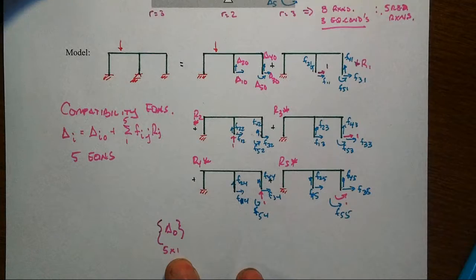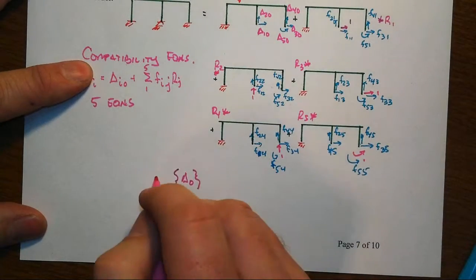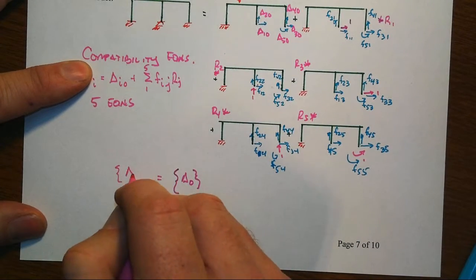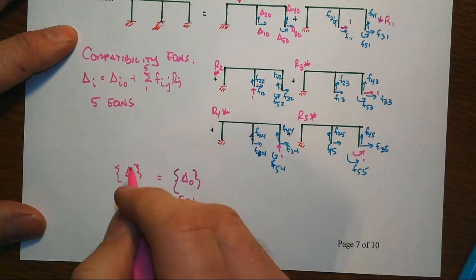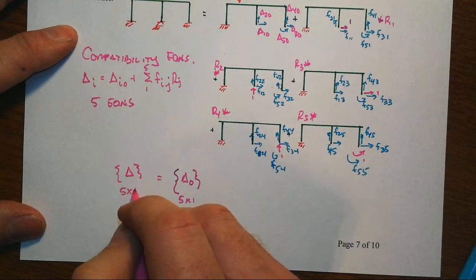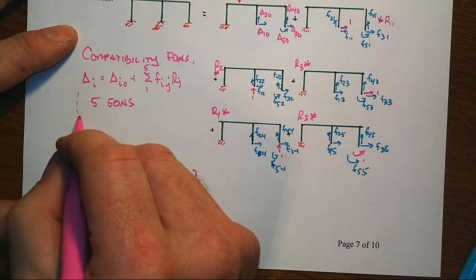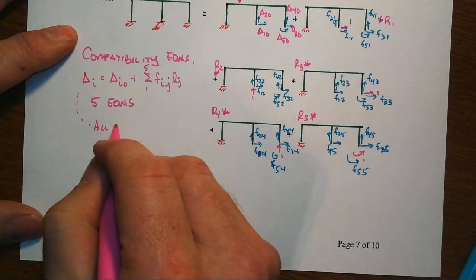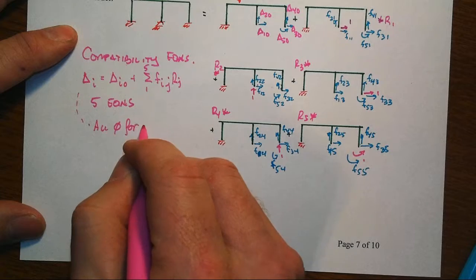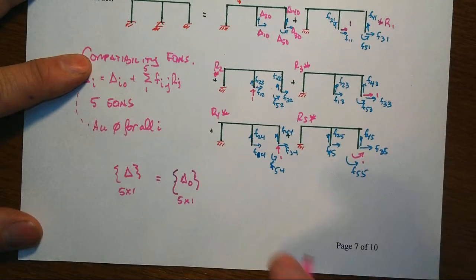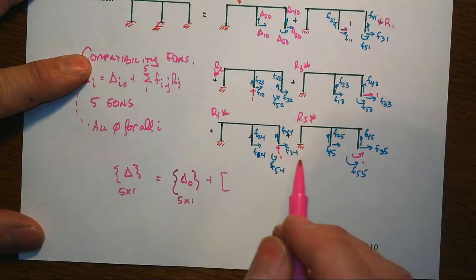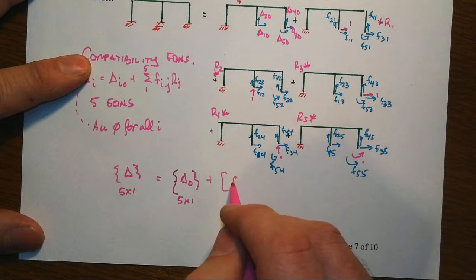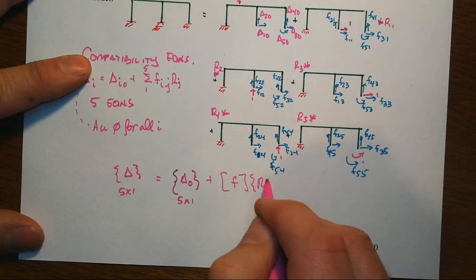Remember, I started off collecting all these things down here in vectors. So here's the left-hand side. In this case, these would all be zero for all i, plus each one of these, Fij times the respective R's.